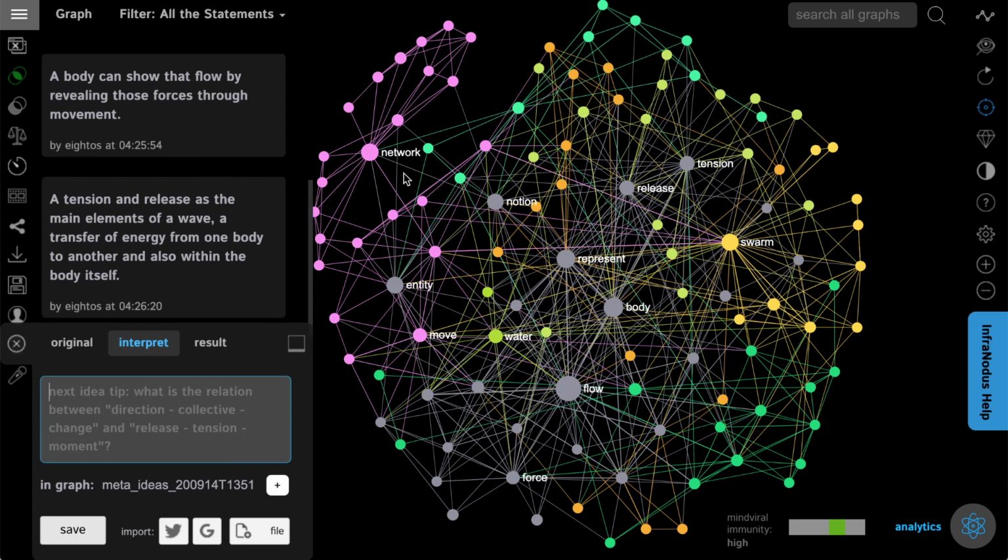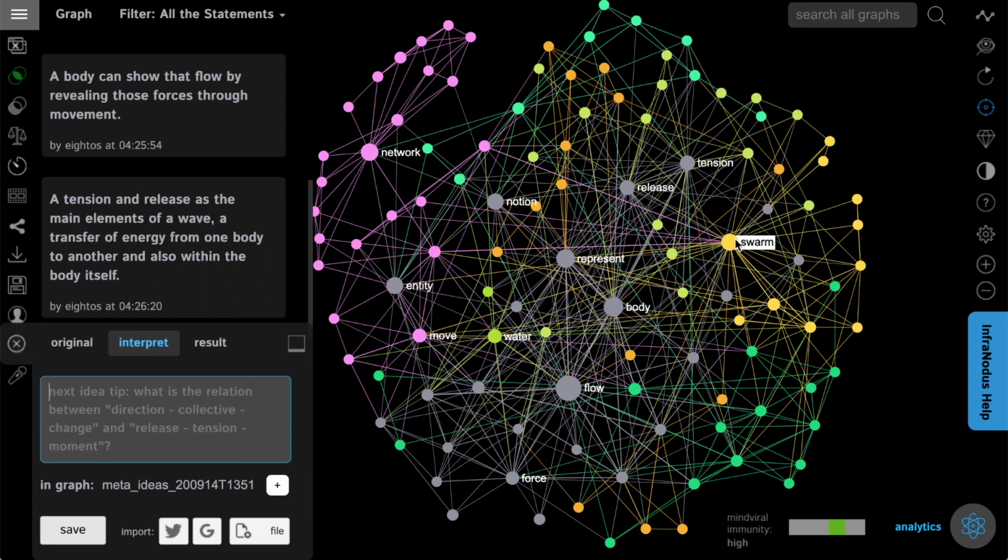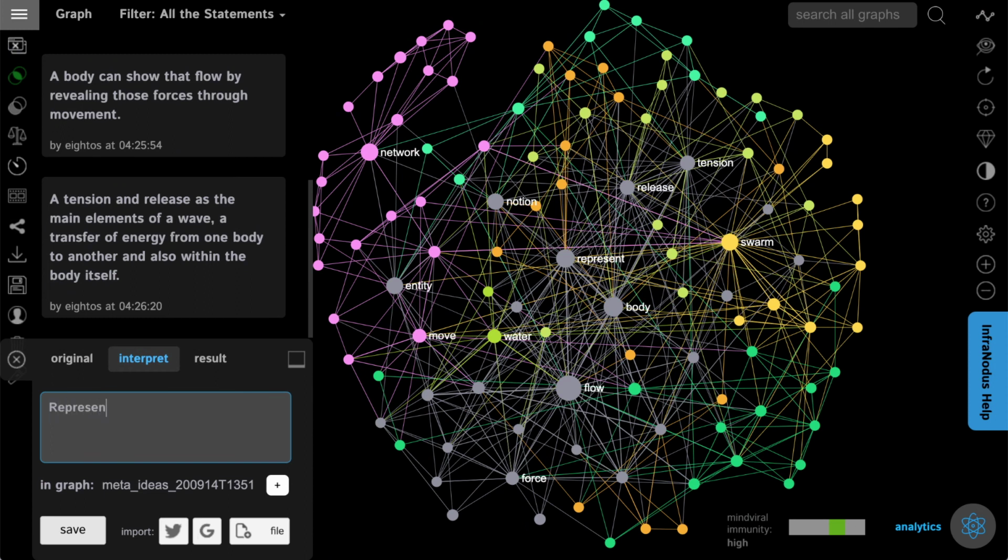You see, we're covering almost all the discourse. Now we only have swarm and network left, representing the liquid interaction between the bodies and within the body, using the idea of a swarm.